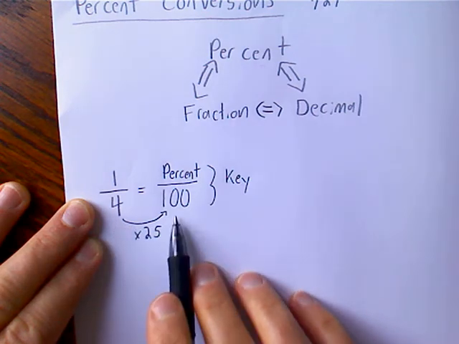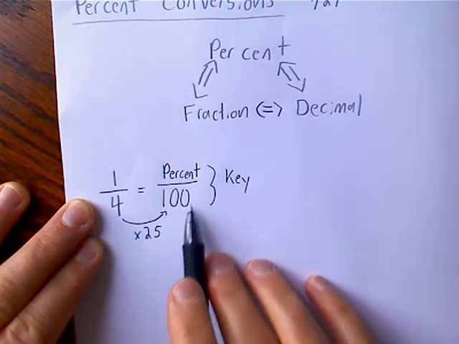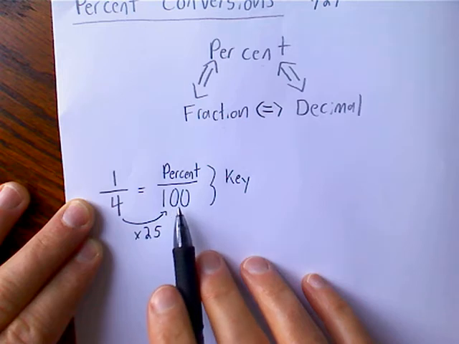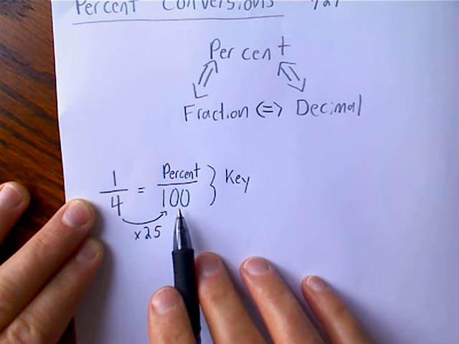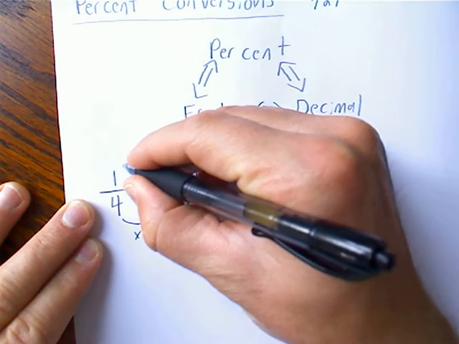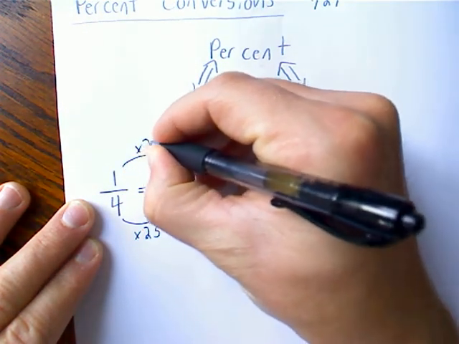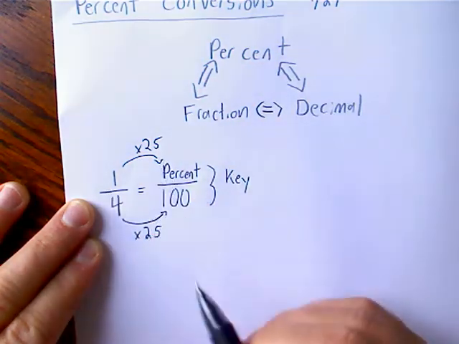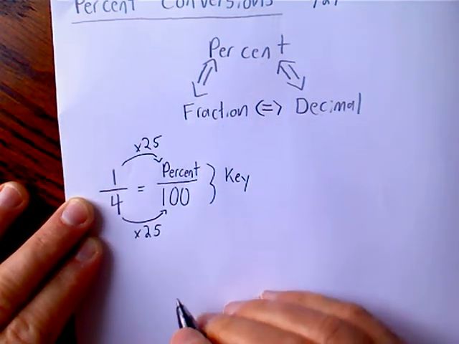4 times 25 is 100. Again, it's really important that we're starting to memorize the factors of 100. 50, 25, 20, 10, 5, 2, 4. Those are all factors, and that's going to help us jump and use these relationships. So I'm going to do the same relationship. 1 times 25 is 25.